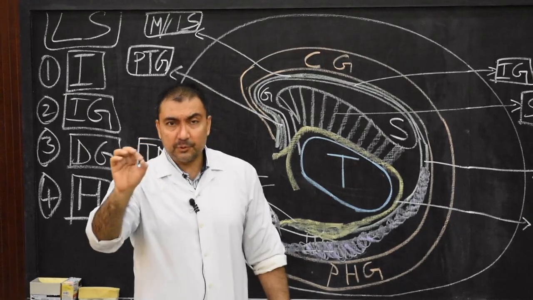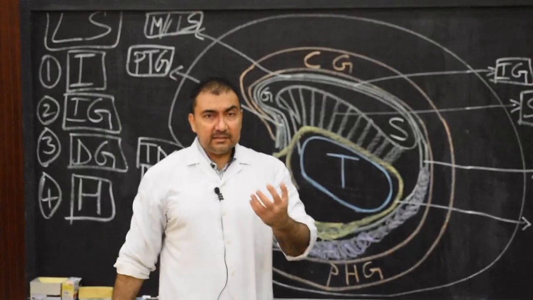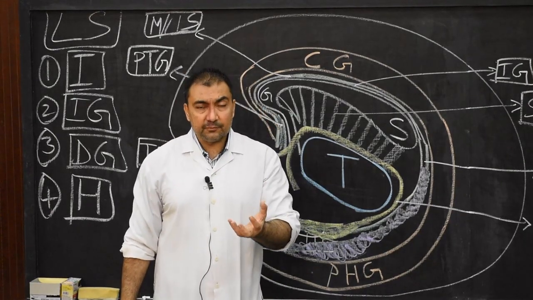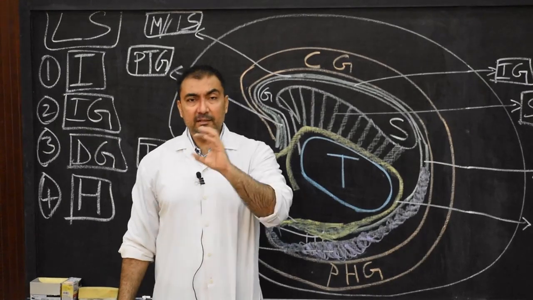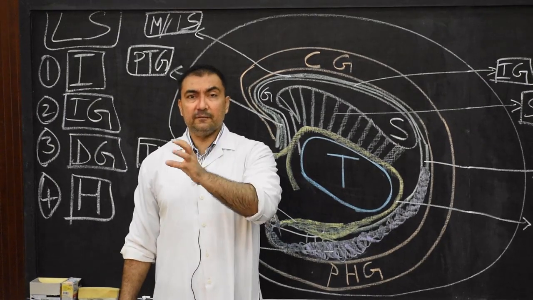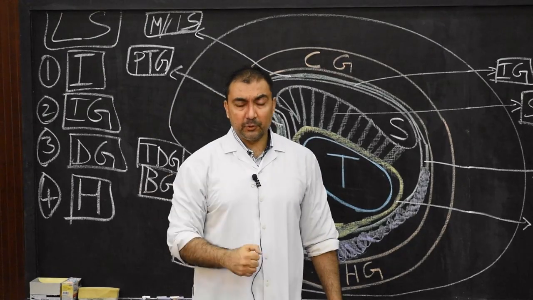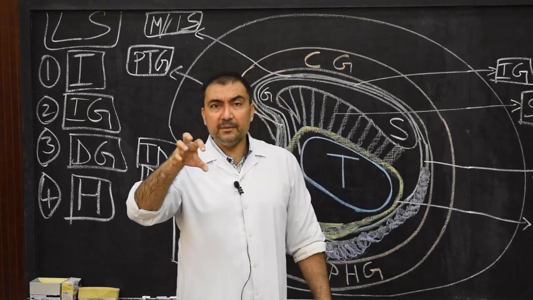These are the proper terminologies. It is an elongated mass which will produce a swelling in the inferior horn of the lateral ventricle.